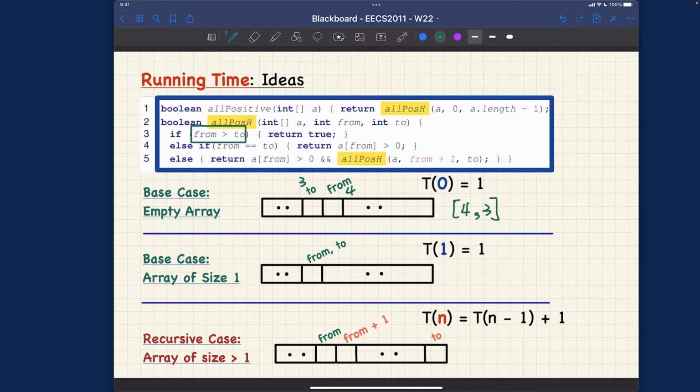In that case, how many numbers do we actually have in this interval? By definition, from should be less than or equal to the to number. But if that's not the case, if from is strictly larger than to, in that case it has 0 numbers. So that's why we say it's an empty range.